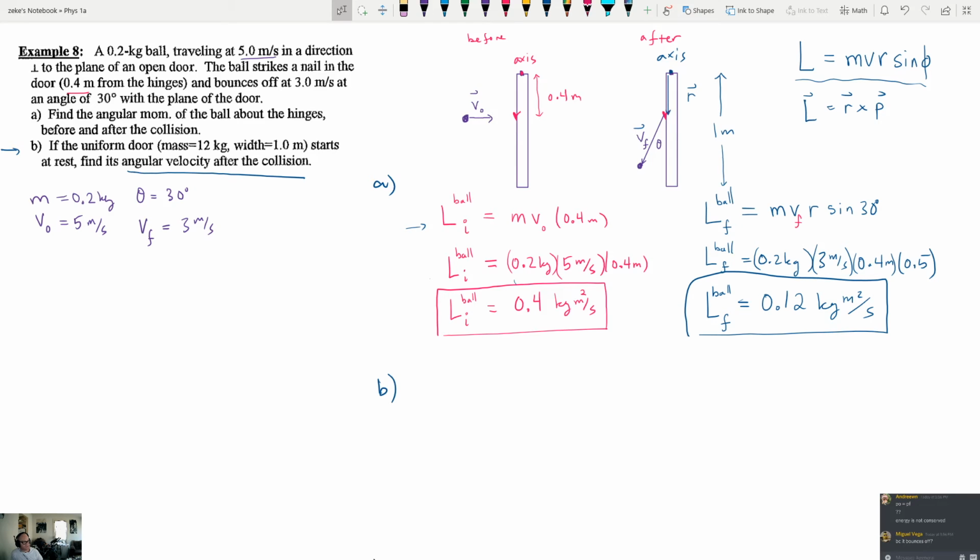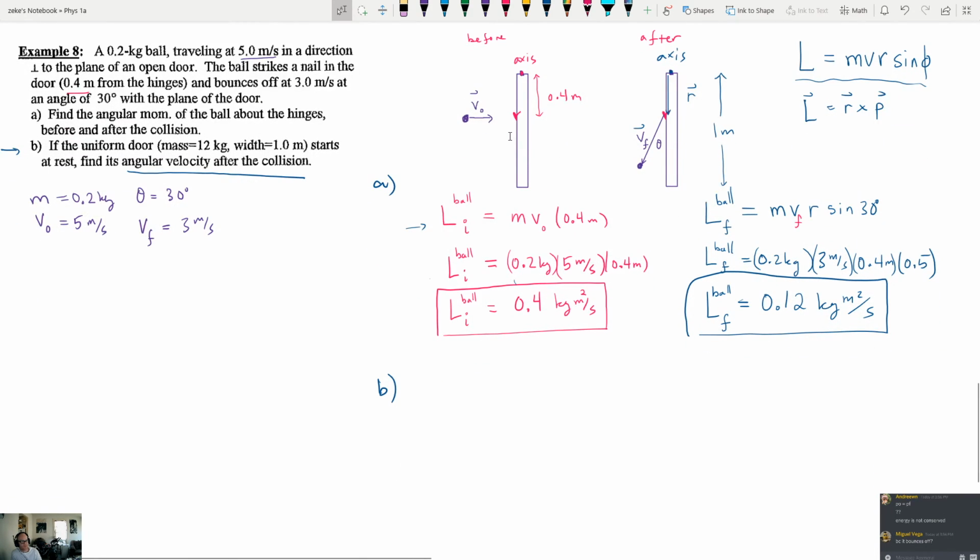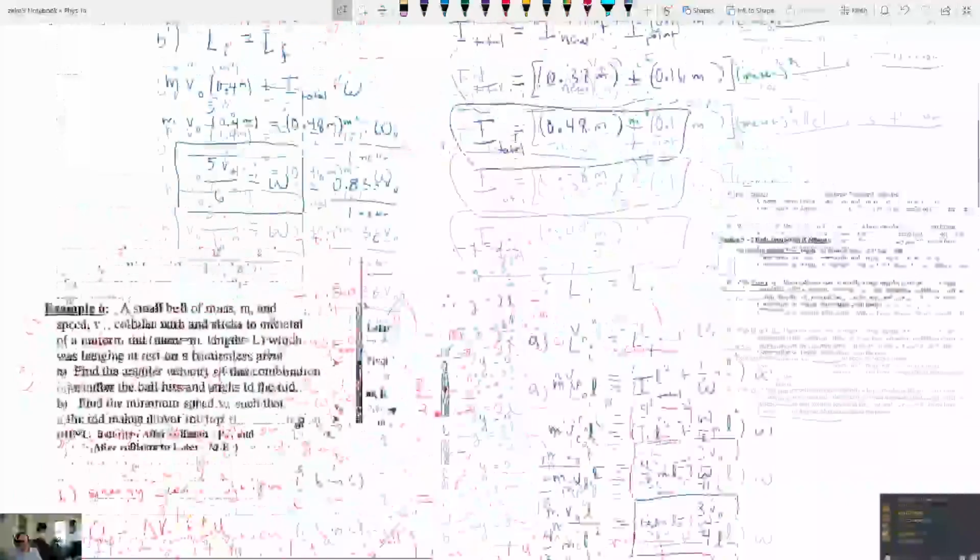It's not because it bounces off. Why can't we use linear momentum conservation? Yeah, external forces. This is a pivot.